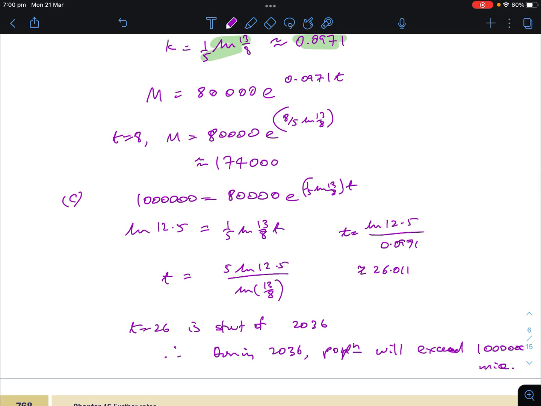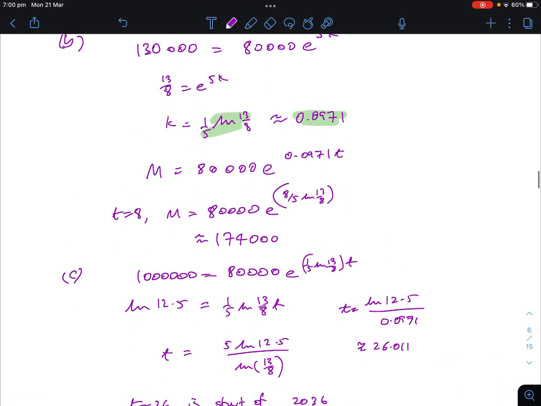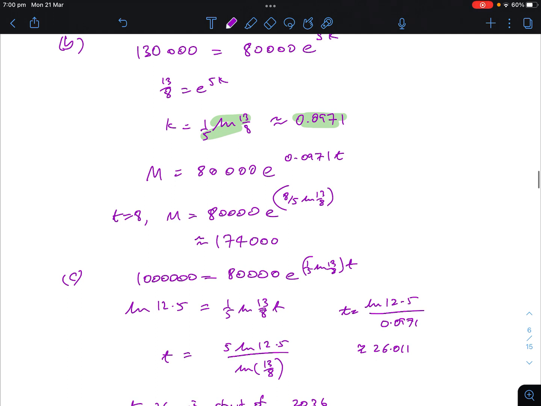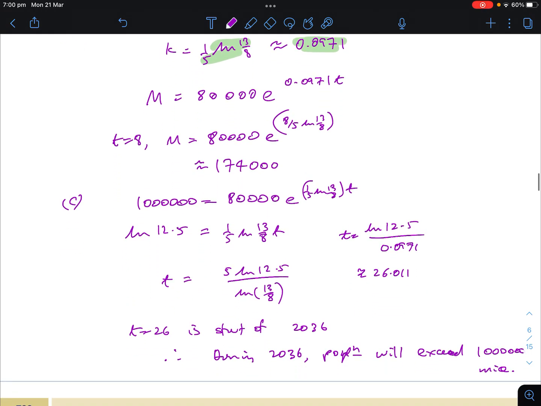You can actually test that out just by typing in 80,000 times e to the power of, sorry, it's a bit hard to use a calculator with a mouse, 1/5 ln 13/8 times 26.01, and hopefully my calculator will give me a number, 999,000, clearly getting close to 1 million.